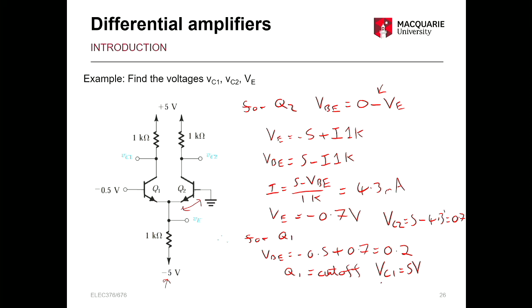You sometimes have to make some assumptions at the beginning of your analysis and see if that logically works out. And if it doesn't, then try a different assumption, until you get to a steady state that works without any contradictions amongst the circuit. So in this case, I knew that it was Q2 that was in the active region, so we started with that. But if you did start with the other one, you'd think, okay, this is unsolvable. I'll try the other assumption.